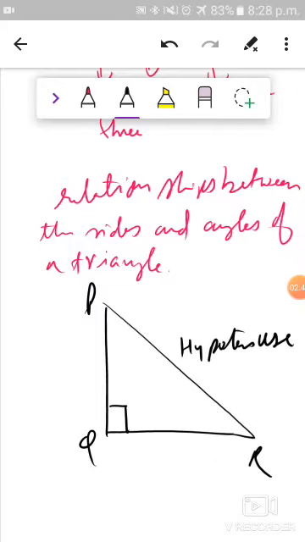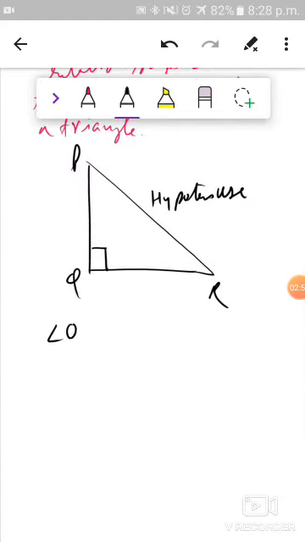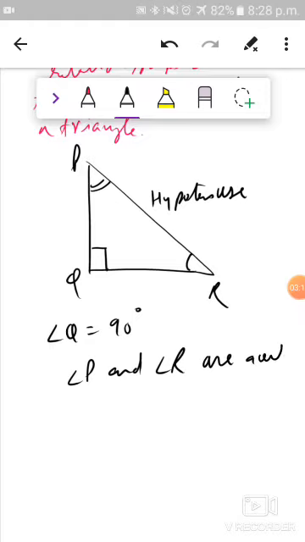Okay, so first of all, what we need to understand is which side we will call perpendicular and which side we will call base. So in right angle triangle, as we know, angle Q is 90 degree, and angle P and angle R are acute angles.